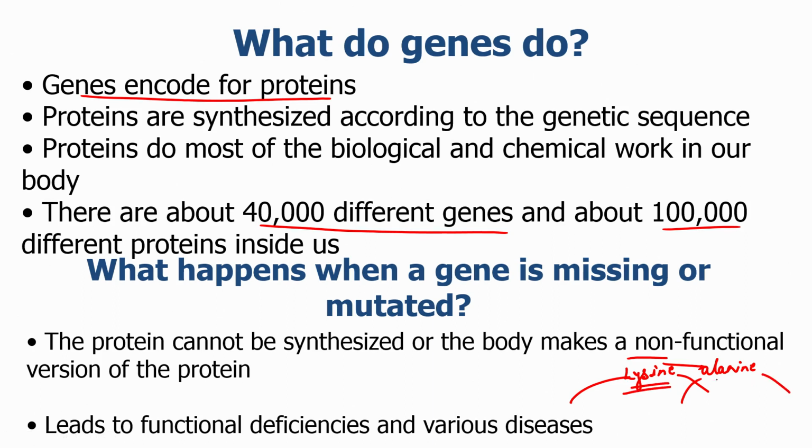So the protein will lose its function, and it might even change its structure. That leads to functional deficiencies, because maybe this protein is involved in an important function, let us say it is insulin. Insulin is such an important protein that if we do not have it, it is very difficult for a person to survive, and there are various other diseases.